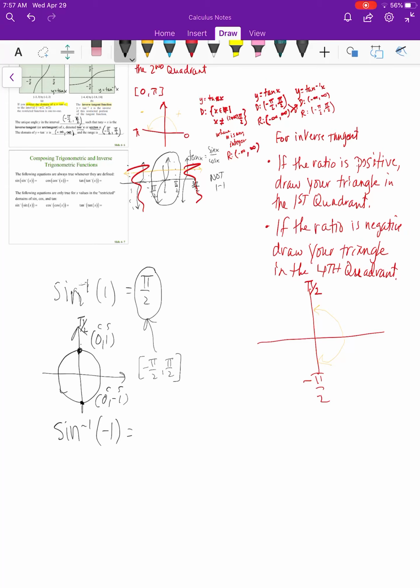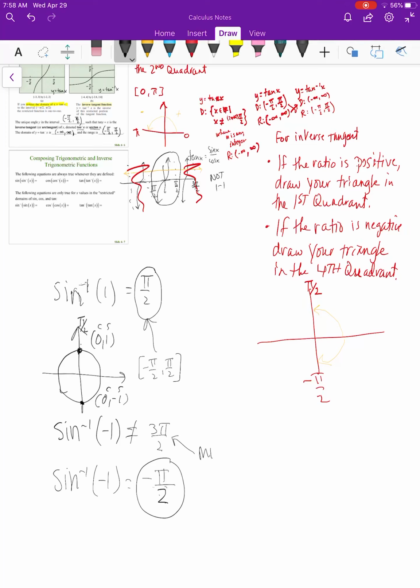And then you realize, wait, on the unit circle, this is the point 0, negative 1 cosine sine. You would not say 3 pi over 2 because that's not in the interval. So you would say that the inverse sine of negative 1 is negative pi over 2. That would be your answer.